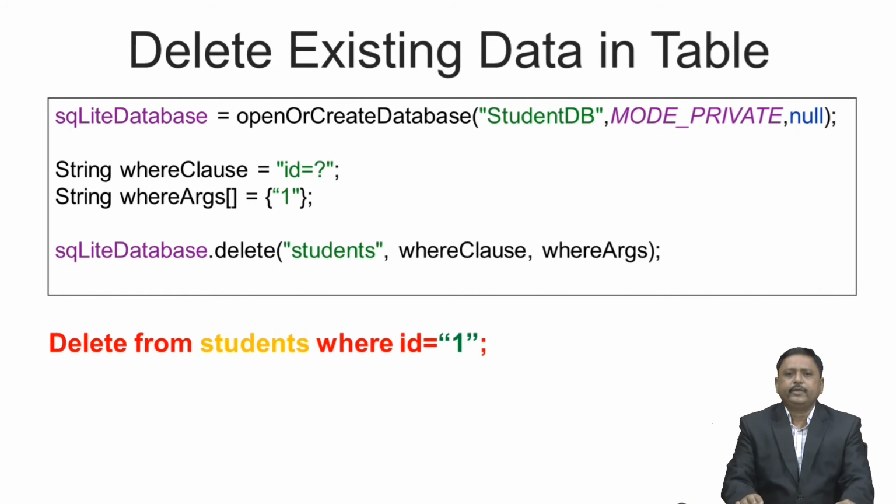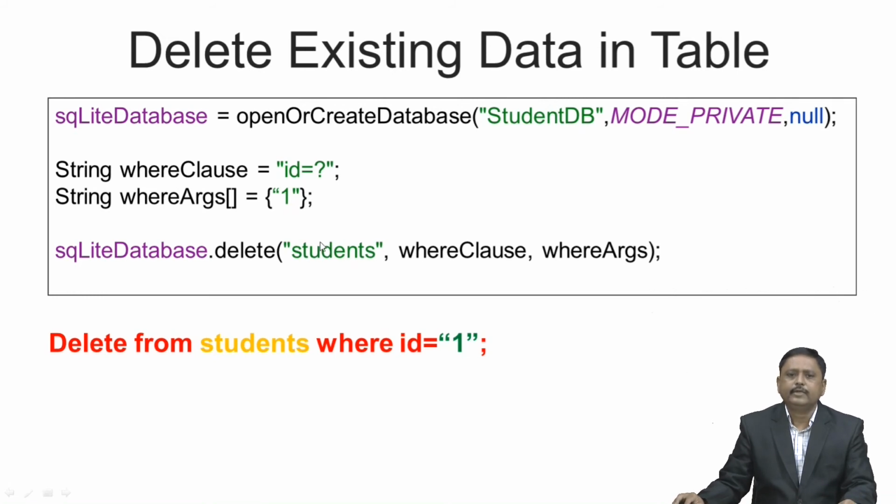The third operation we can perform is delete. Again we open or create the database, we specify the where clause, the particular ID we want to delete, and in the where argument we specify the value of ID. So it is 1. It means I want to delete the record with ID is equal to 1, and then I call the delete method of the database, and the first argument is the table name.